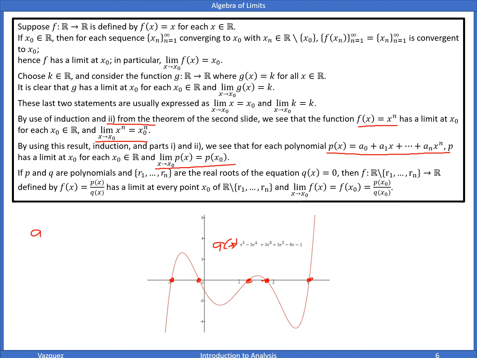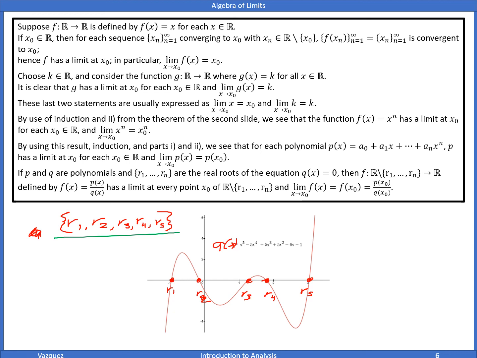So we have r1, r2, r3, r4, and r5. This here, I should color code stuff. Let me erase this. This here is this.